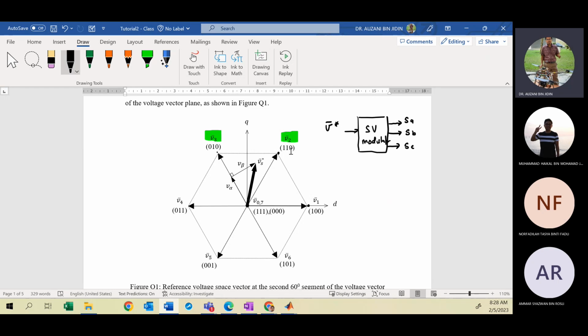Then for the second interval, which vector needs to be selected, V2 or V3? V3, because we need to minimize the number of switching. So you have to choose V3 first. In this case, your V3 will be VA and V2 will be VB.